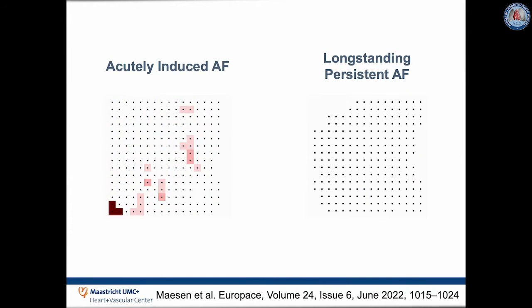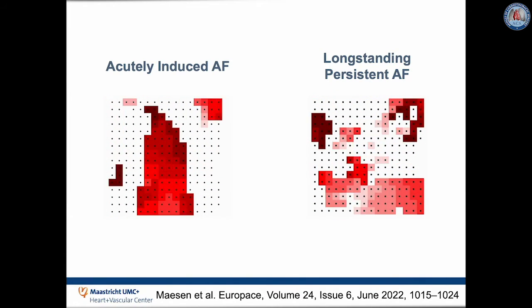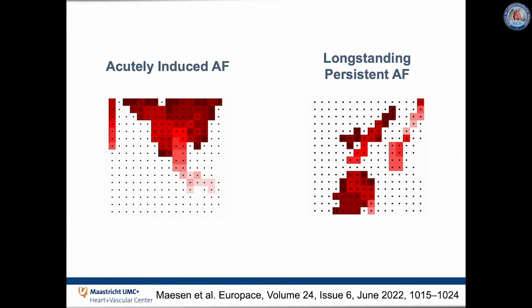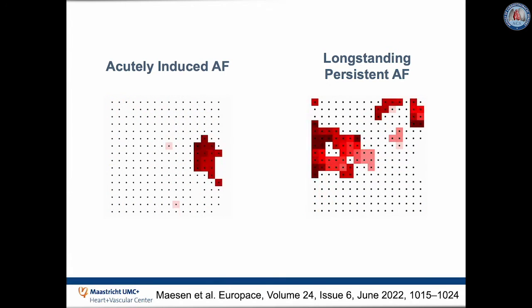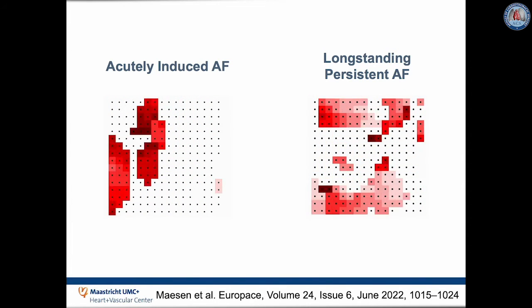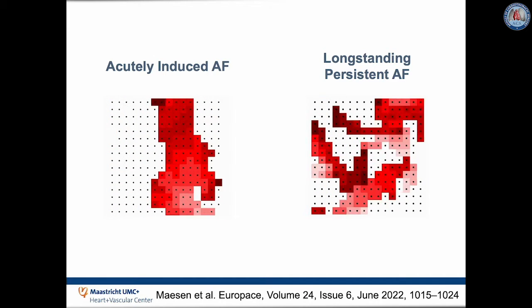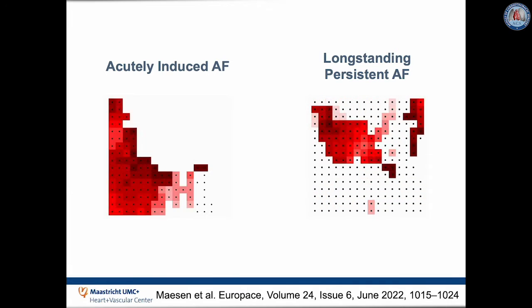The opposite is true in patients with long-standing persistent AF. As you can appreciate, the conduction pattern is much more complex, with waves often as small as one electrode, sometimes waves appearing de novo in the middle of the mapping area due to transmural conduction, and there is a lot of longitudinal conduction block.